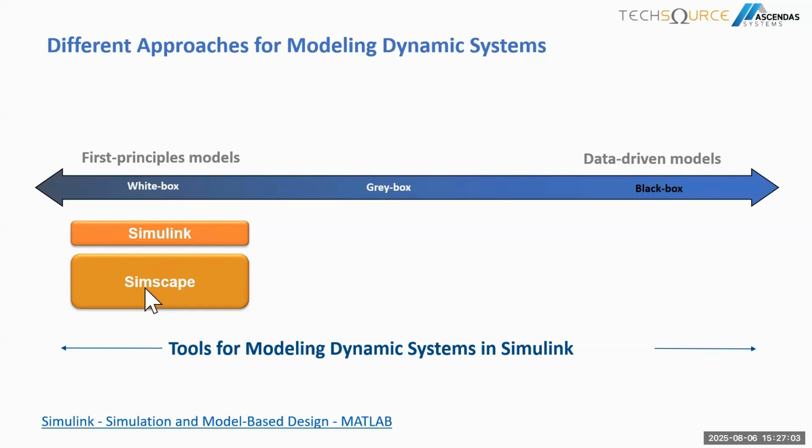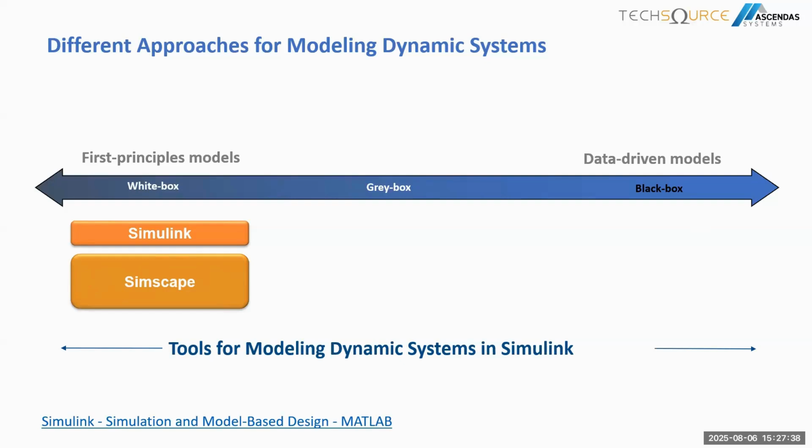Simscape is much more of the physical modeling, where, for example, you have motors or semiconductors, switches, and all other mechanical systems, multi-body systems, fluids, and thermal. You can use Simscape in this case. But most of the time, when we start with our modeling, those models that we have at the start may not be representative of the actual systems.